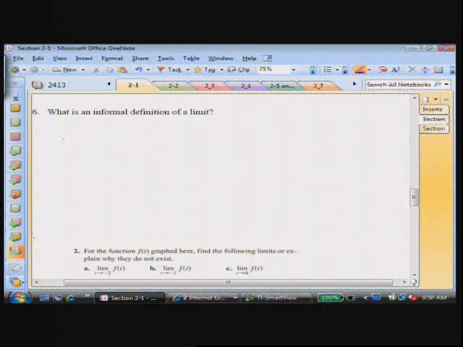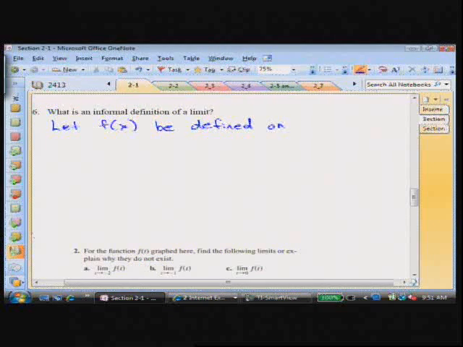An informal definition of a limit: we always start with that word, let f of x, that's my function, be defined, which means that it has a value for every point in the domain of the interval that I'm going to give it. So it's defined on an open interval. When we say open, we're not going to worry about what happens at the endpoints right now.